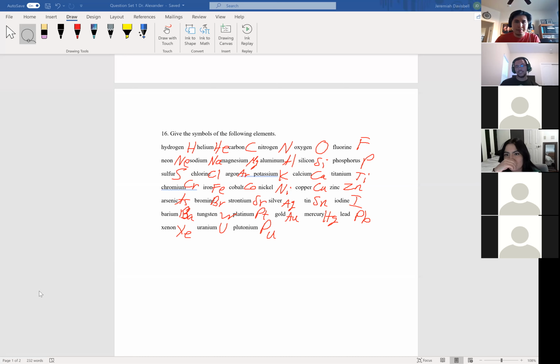Also, a fun fact: a lot of these symbols were made based on a Latin or Greek word, like silver, Ag, in Latin is argentum, or gold, Au, is aurum. So that's how a lot of those symbols came about.